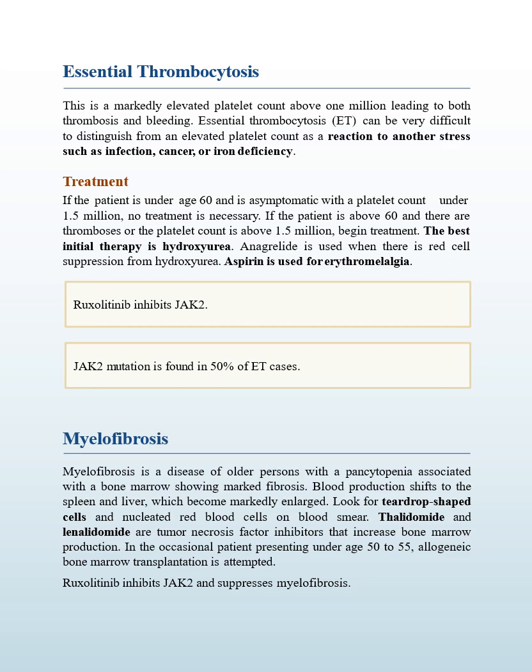The treatment: if the patient is less than 60 years old and asymptomatic, with platelet count under 1.5 million, no treatment is necessary. If the patient is above 60 and the platelet count is above 1.5 million, start treatment. The best initial therapy is hydroxyurea. Anagrelide is used when there is red cell suppression from the hydroxyurea.